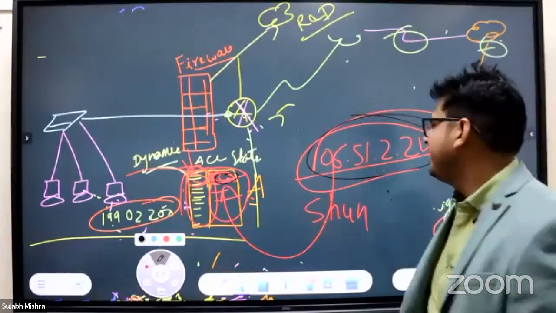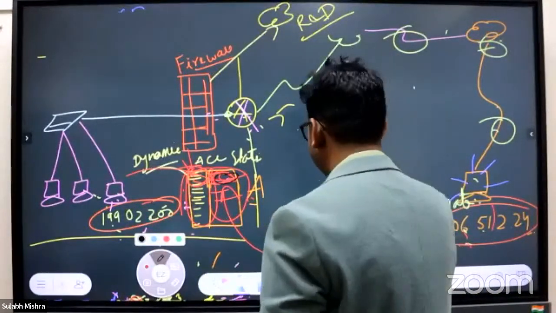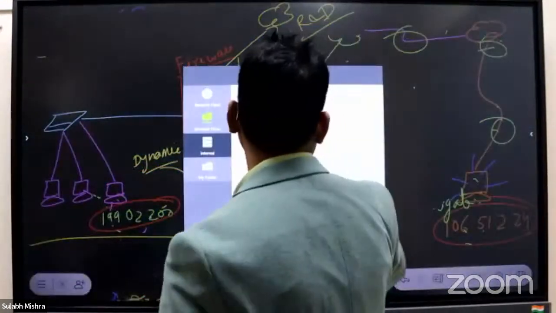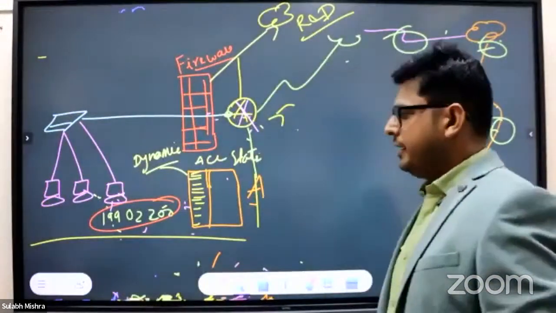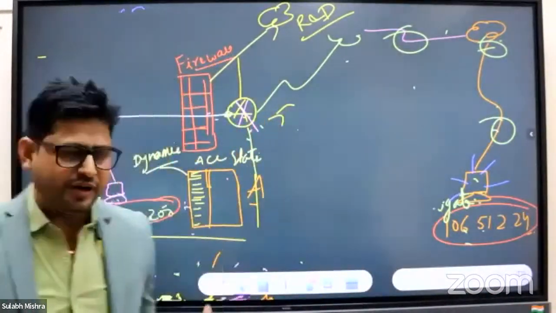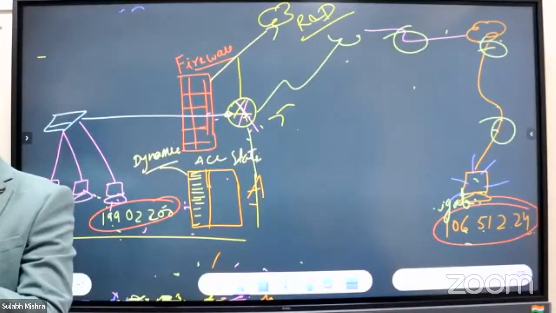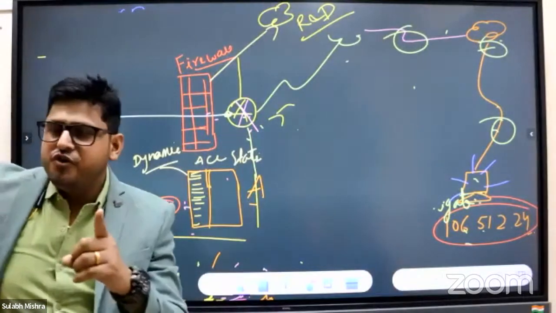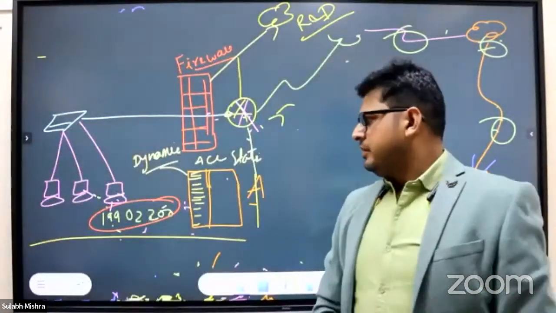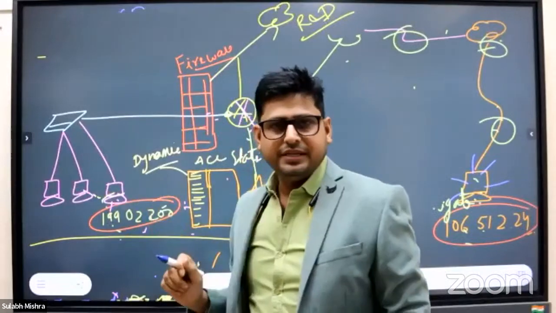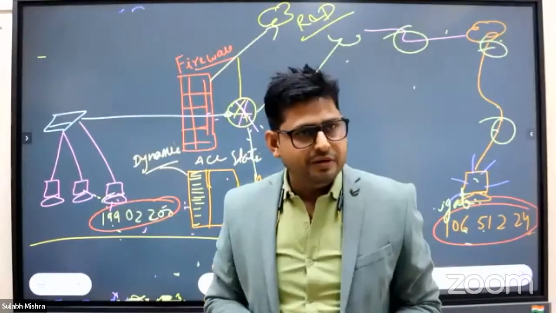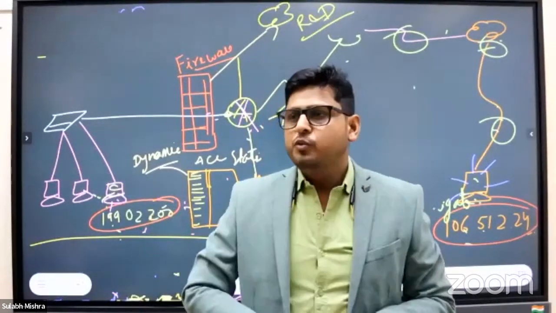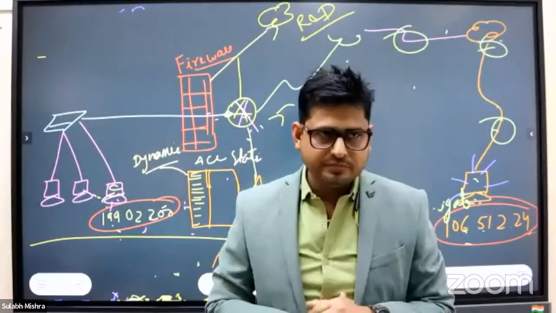However, you can also create a rule based on the combination of IP address and port number. For example, this is a Facebook server. Facebook is accessible on which port number? 443. But in the Facebook environment, there are many other resources available, like databases and other applications accessible on different ports.